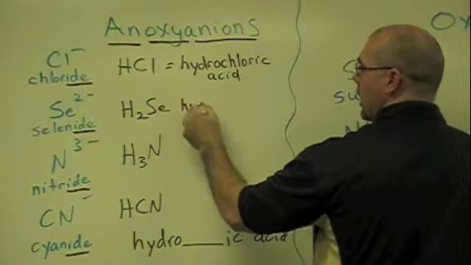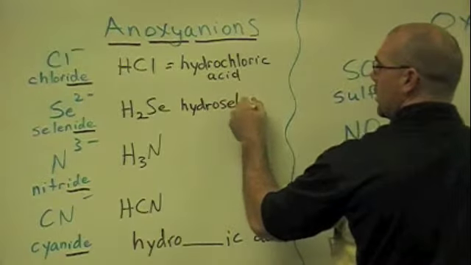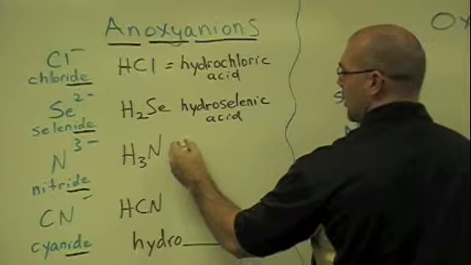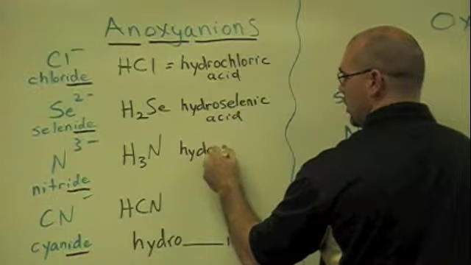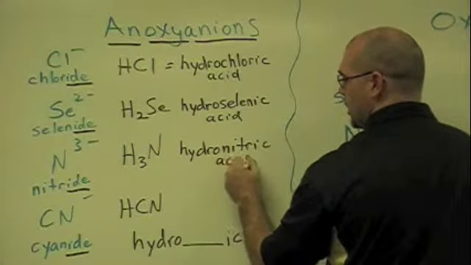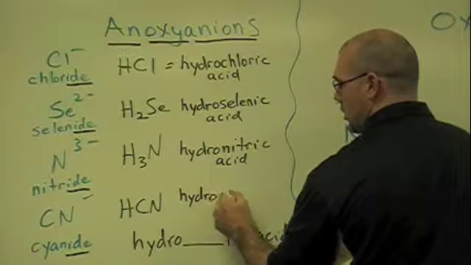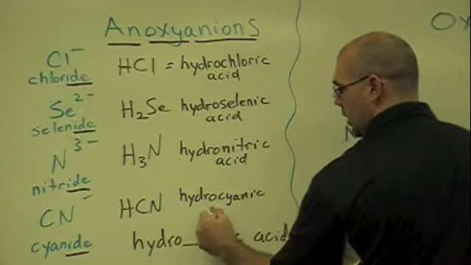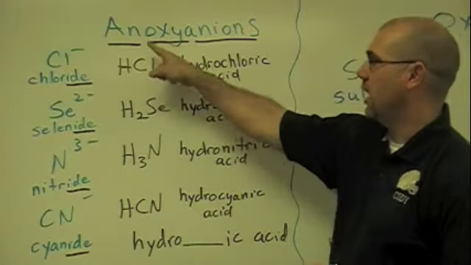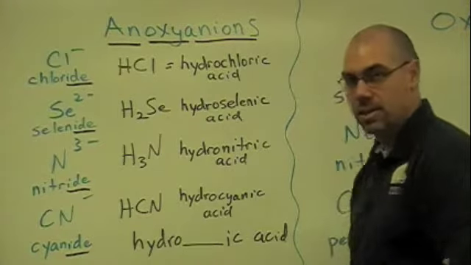Here we have hydroselenic acid. Take the root of the name here, hydronitric acid. Finally, we have hydrocyanic acid. So these ides, the anoxy-anions, become hydro blank ic acids.